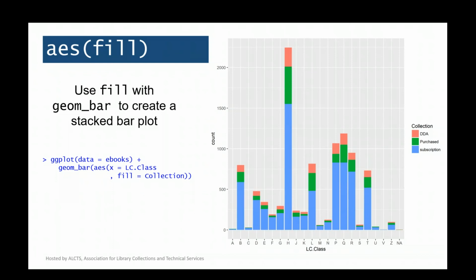A quick way of getting a glance into how your data is distributed. So at a glance, you can see that H and L have a lot of items that were purchased by librarians, which would definitely feel good to the librarian who is responsible for selecting titles for that call number.